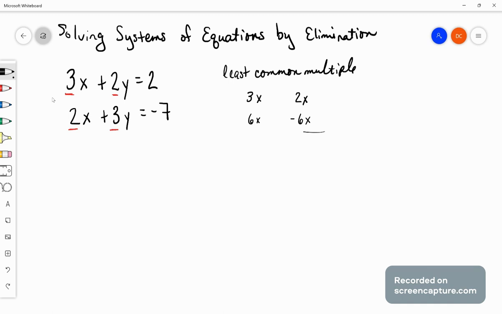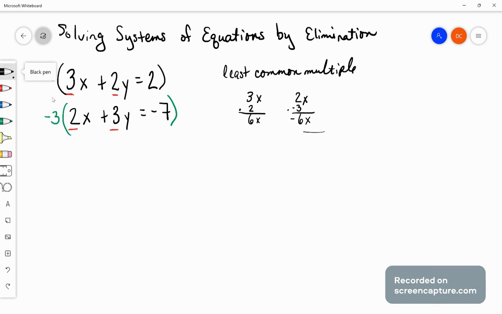So in order to get this 3x to 6x, I'm going to multiply this equation by 2. And here I'm going to multiply this one by negative 3. So this top equation I'm going to multiply by 2, and this bottom equation I'm going to multiply by negative 3.